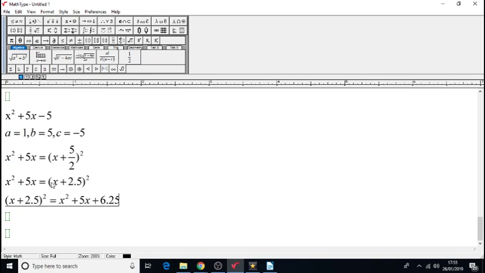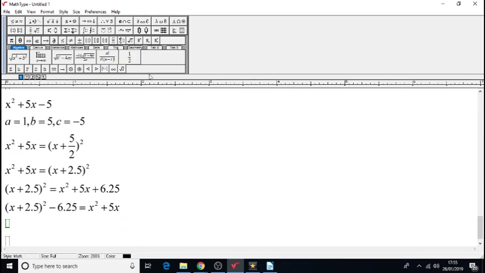But because we were trying to get the initial bracket to match x squared plus 5x, we're going to minus 6.25 so that this matches x squared plus 5x. So now we get (x plus 2.5) squared minus 6.25, that's equal to x squared plus 5x.